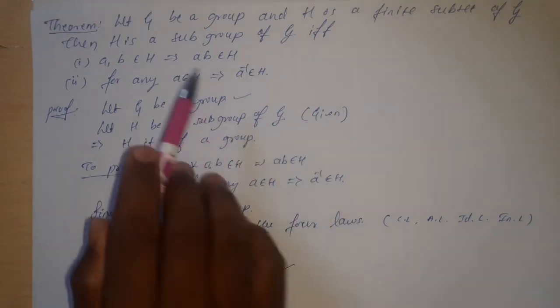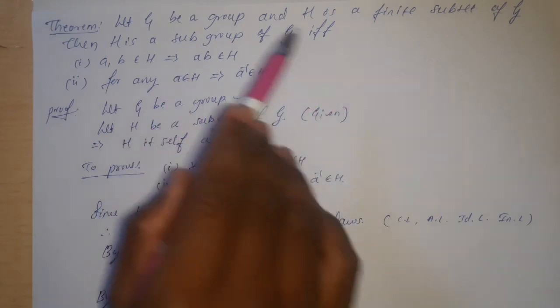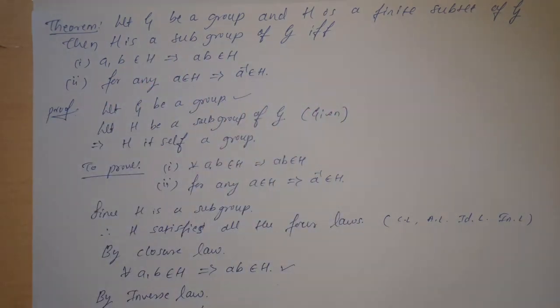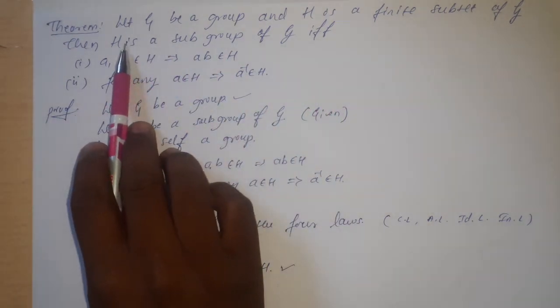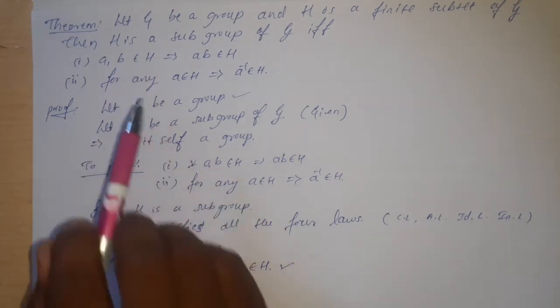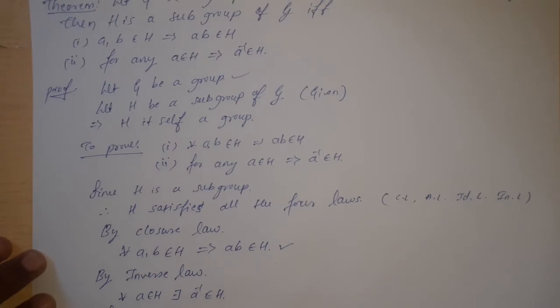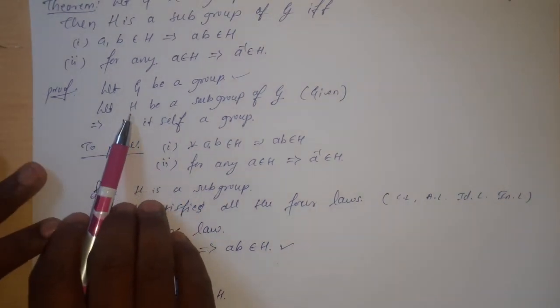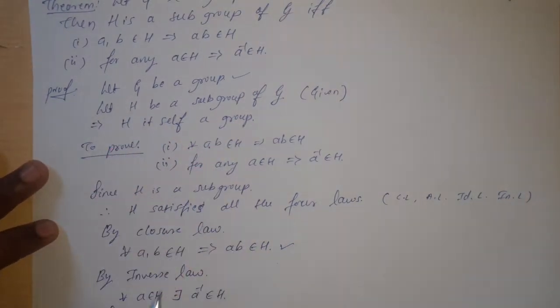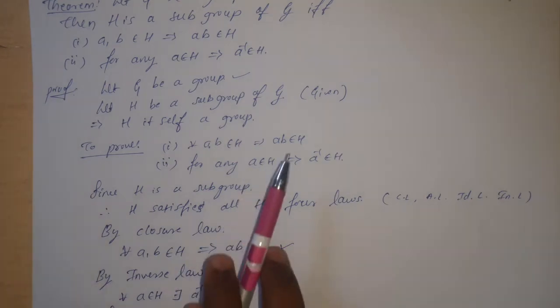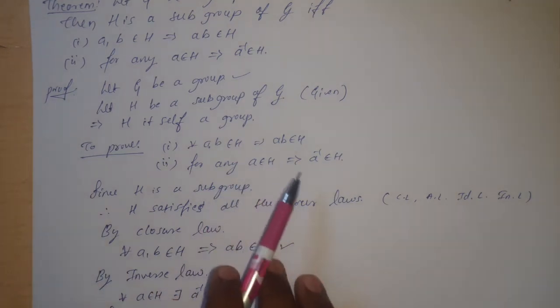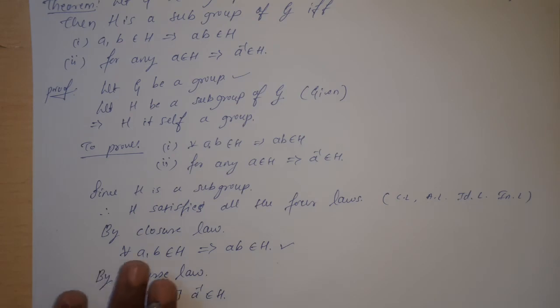Means if these two conditions are satisfied, then H is a subgroup, or whenever H is a subgroup, then these two conditions will be satisfied. Now, we have proved the first part by considering H as a subgroup of G, and we have proved the first point and second point, that is closure law and inverse law. And then next we need to prove the converse part.